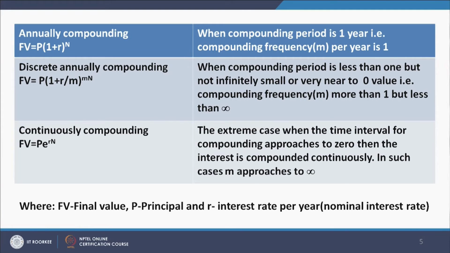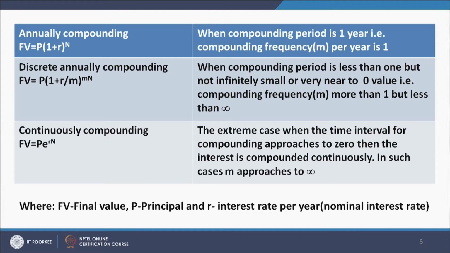Discrete compounding is given by FV = P(1 + r/m)^(mn) when the compounding period is less than 1 year, but not infinitely small or very near to 0. That is, compounding frequency m is more than 1, but less than infinite.